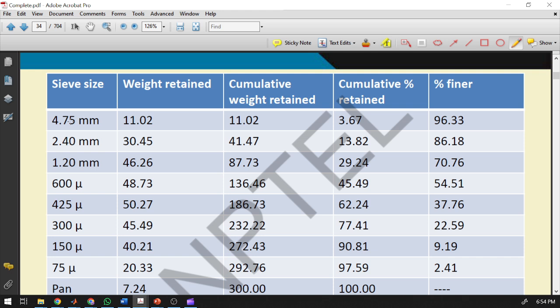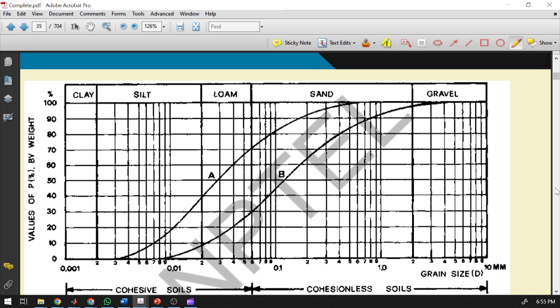The sieve size is actually the diameter of the opening of the sieves, and from that we can get the particle size distribution curve. If you can see here, we get a particle size distribution curve on a semi-log paper, and here you will have cohesive soils and cohesionless soils.